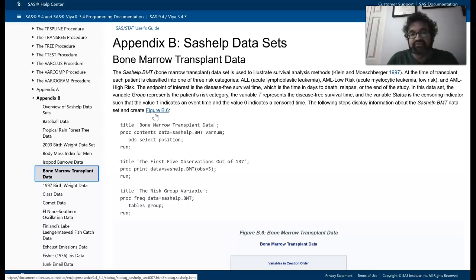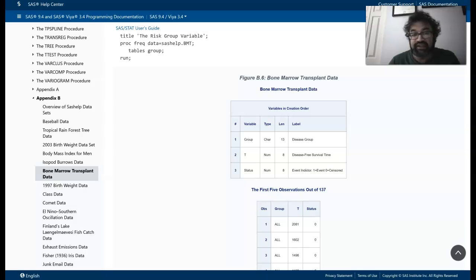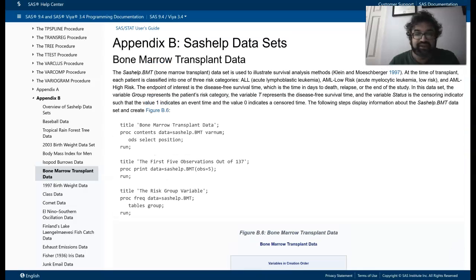The endpoint of interest, of course, is disease-free survival time. So this is a robust cancer data set, which really looks at leukemias, and honestly, not enough is done, especially in the area of public health, in leukemia.